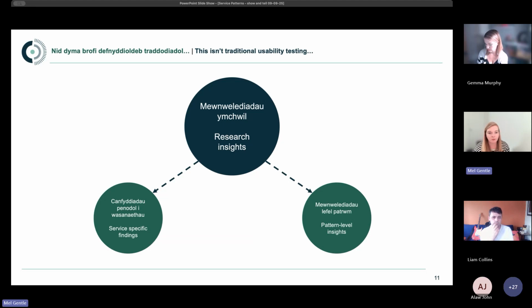I guess that meant that we were looking at 2 separate levels. On the right there, we have the pattern level insight, the bigger picture: did repeating that same structure build confidence for our users? And then on the left, we've got the more service specific insights, the finer details in those specific services.